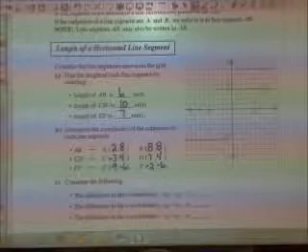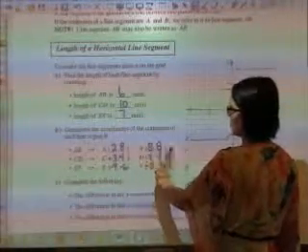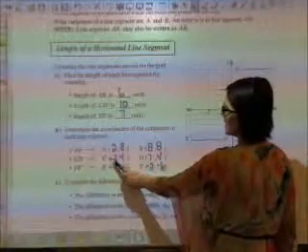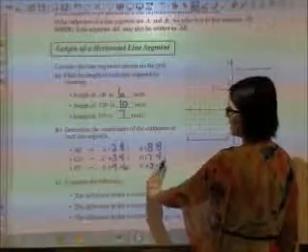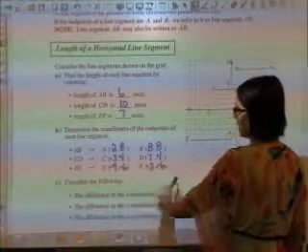So for my endpoints, my coordinates, A I got 2 and 8, B was 8 and 8, C negative 3 and 4, D 7 and 4, E negative 9 and negative 6, and F negative 2 and negative 6.